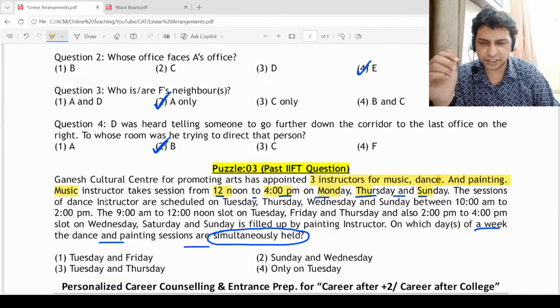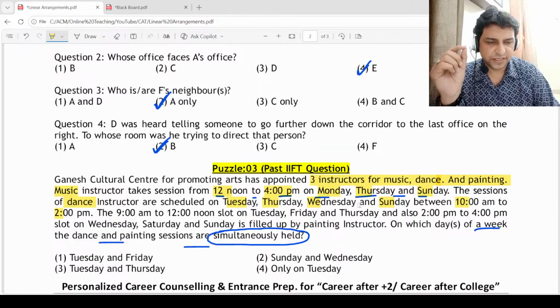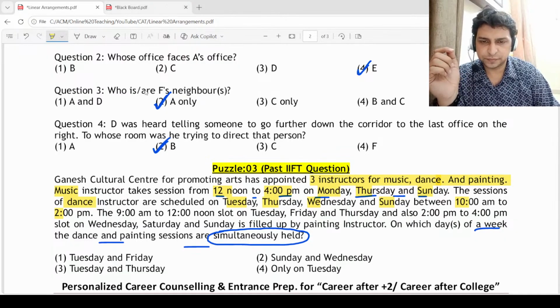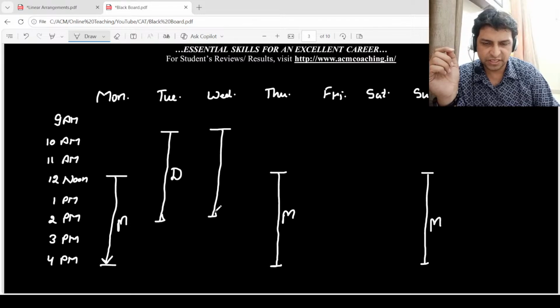The sessions for dance are Tuesday, Thursday, Wednesday, and Sunday, and that is between 10 to 2. So Tuesday, Wednesday, Thursday, Sunday, 10 to 2. Tuesday is with dance, Wednesday is with dance.